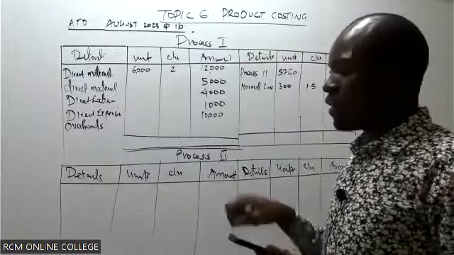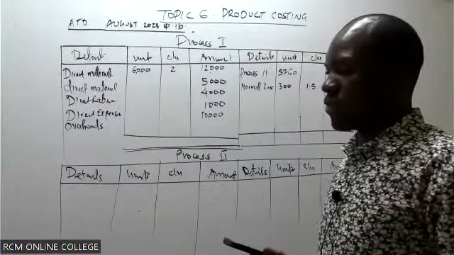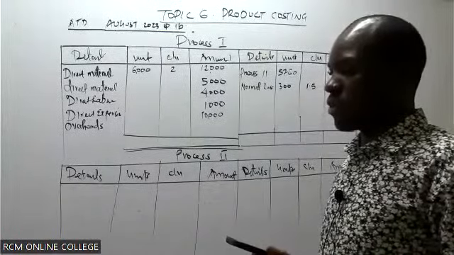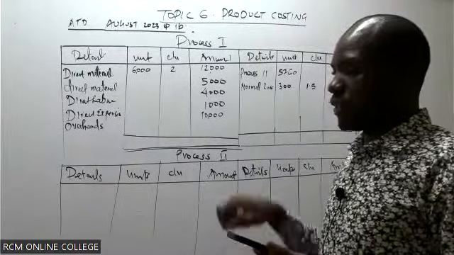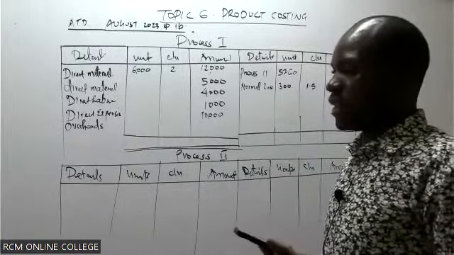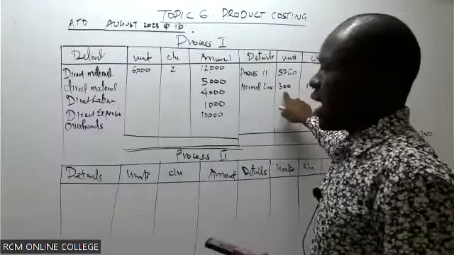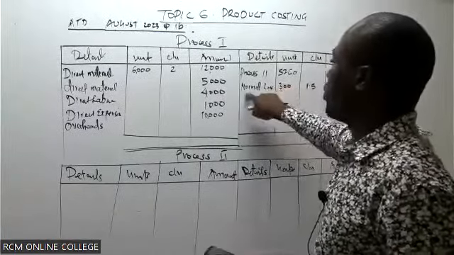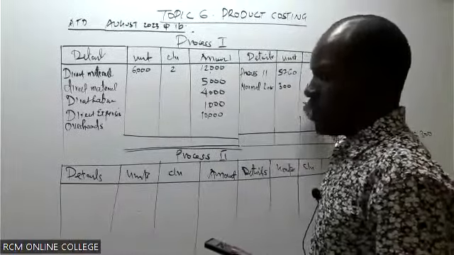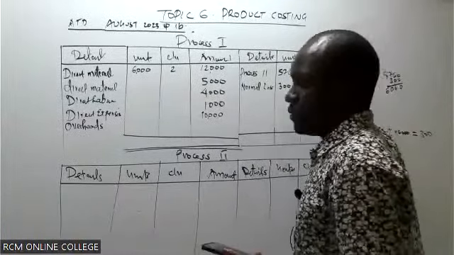Florence, what is 5% of 6,000? Unapata ngapi? 300, ndio hii. And the scrap value per unit of the normal loss is 1.5. If you multiply, you are getting 450.